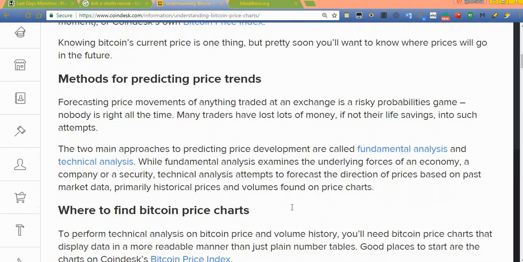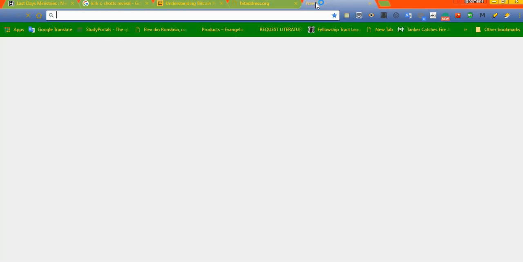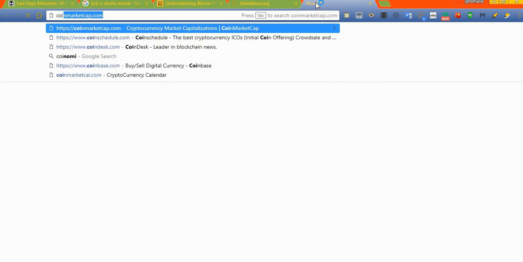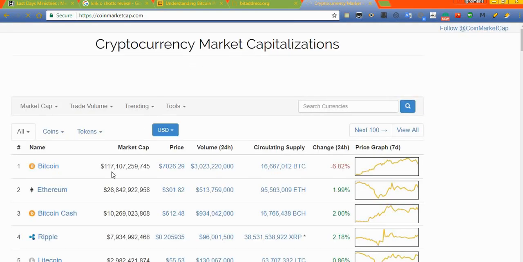Now, where do you find these Bitcoin charts? You can look up CoinMarketCap, and from CoinMarketCap you can see the chart of Bitcoin, how the market has been doing over an hour.